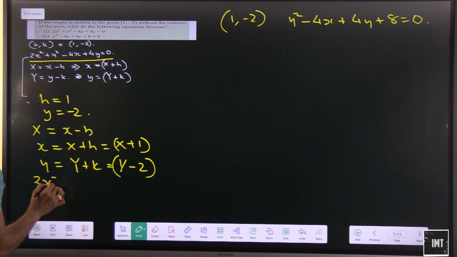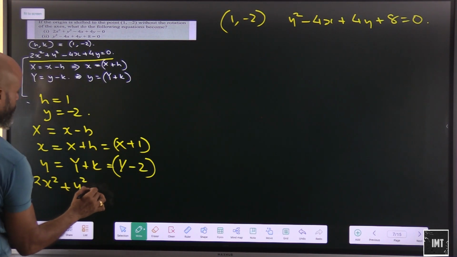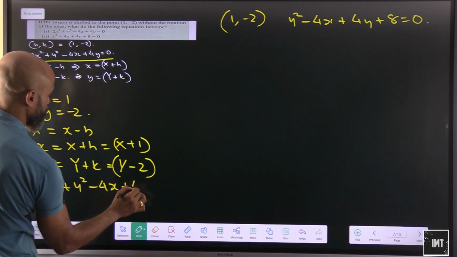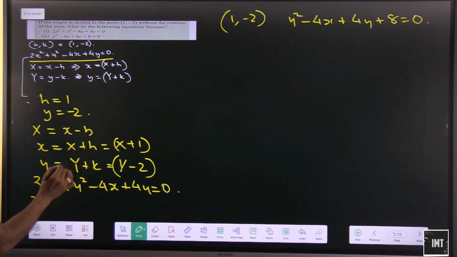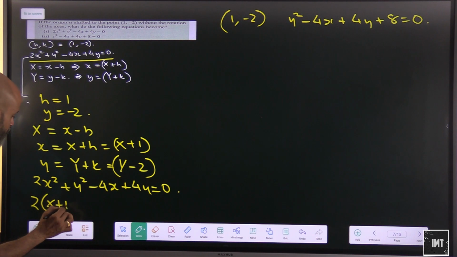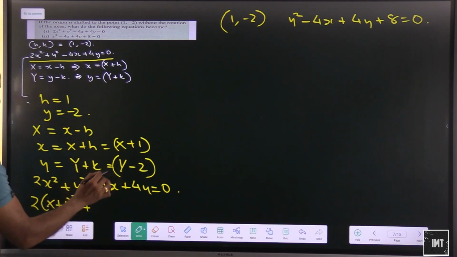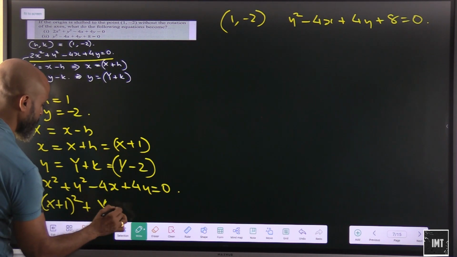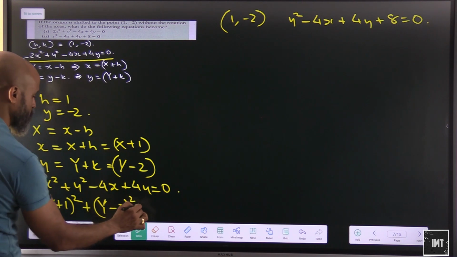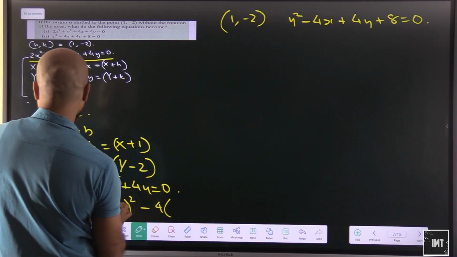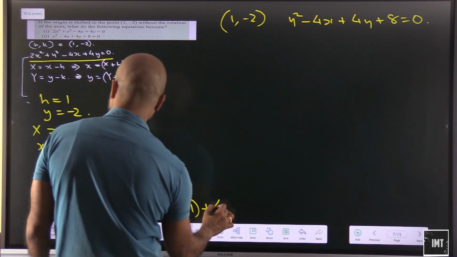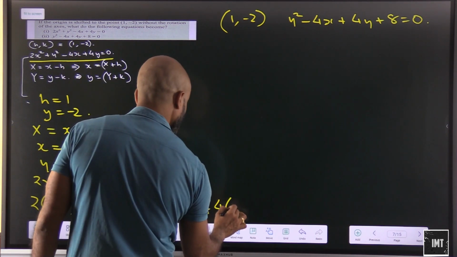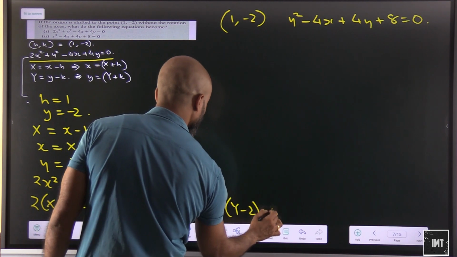So this is 2x square plus y square minus 4x plus 4y is equal to 0, which means 2 into x square, that is X plus 1 square, plus y square, that is Y minus 2 square, minus 4 into x, that is X plus 1, plus 4 into y, that is Y minus 2, is equal to 0.